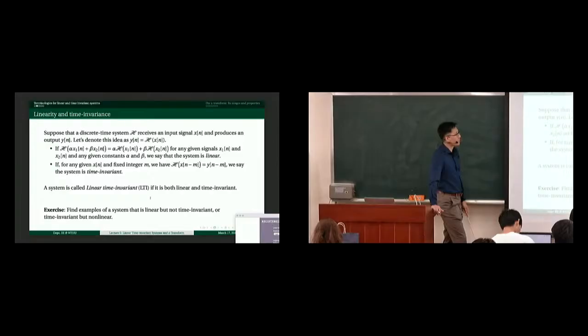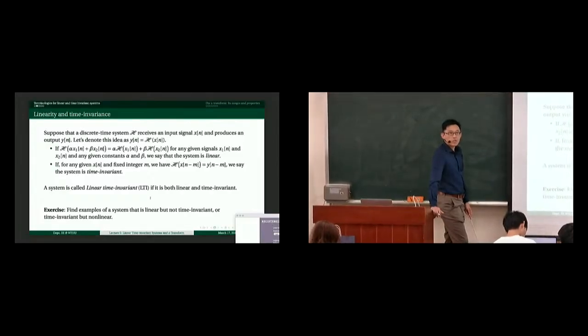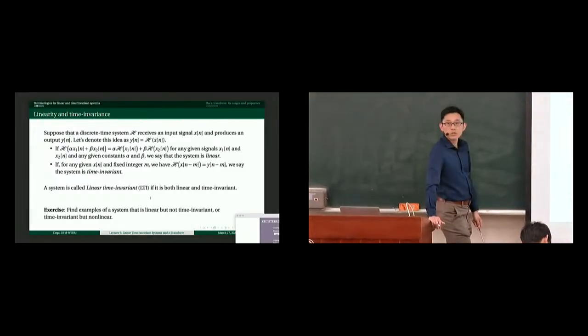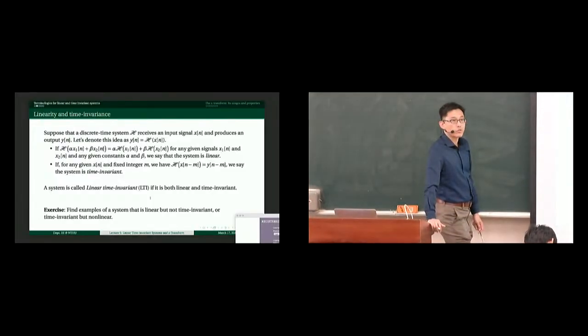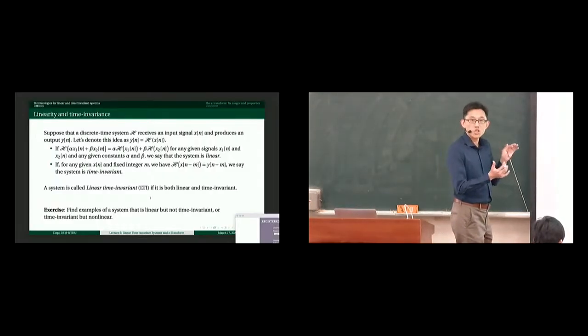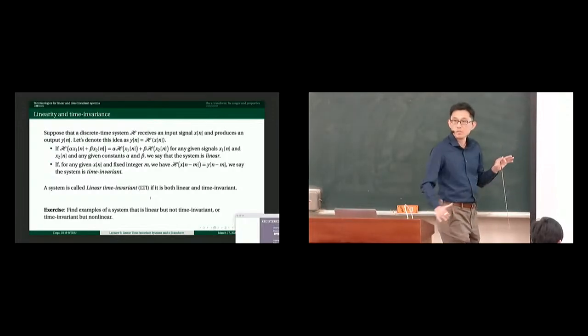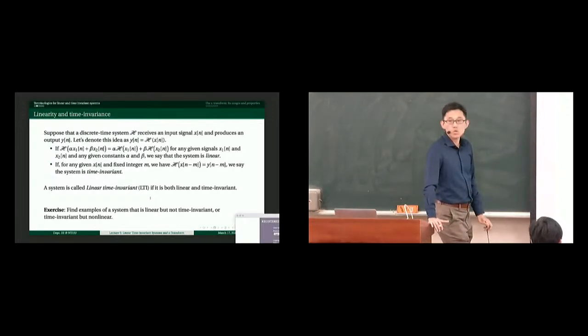If we shift the signal by 5, the output also shifts by 5. If we shift the signal by 1 year, the output also shifts by 1 year, the same amount. Then in that regard, the system stays unchanged. It's always the same system. Whenever you use it, it's always the same performance.